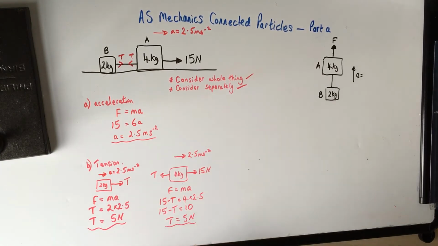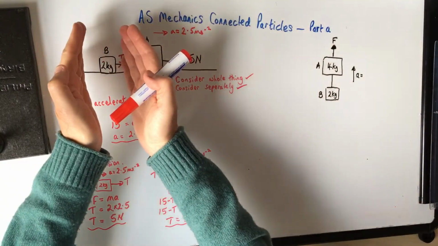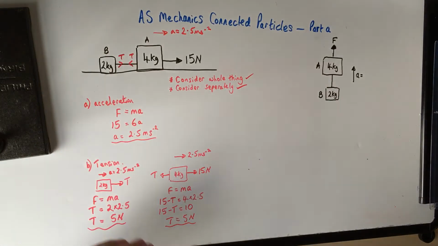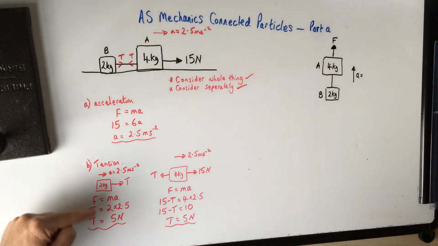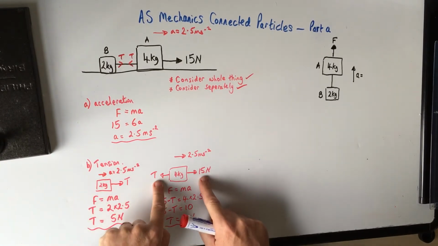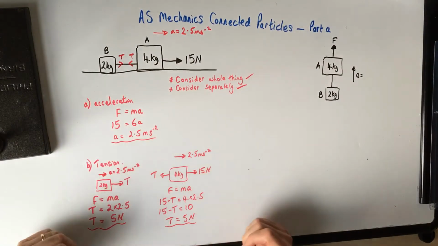So it doesn't matter, when we take them separately, which one we use. I always use the trailer or the caravan when we come to those questions, because the maths is always a bit simpler. There's only one force to deal with rather than 2 forces to take into consideration. It doesn't come simpler than that.